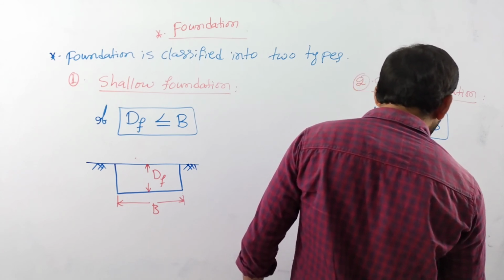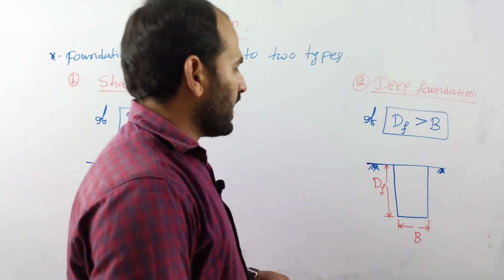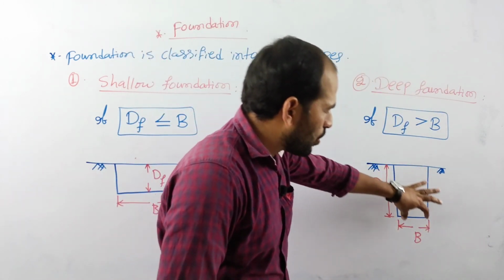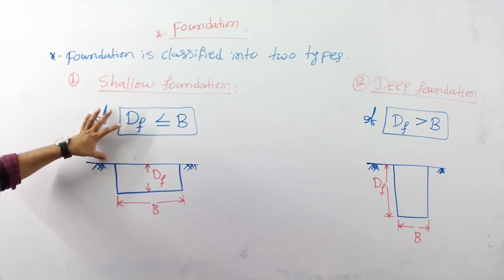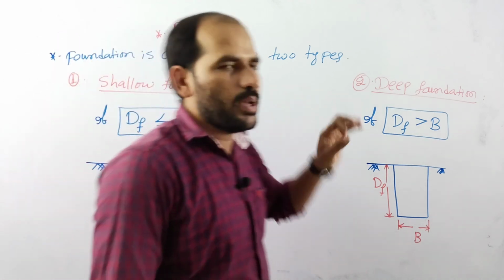Depth is less than or equal to width, so it is classified as a shallow foundation. Here the depth of the foundation is more than the width of the foundation, so this is a deep foundation.